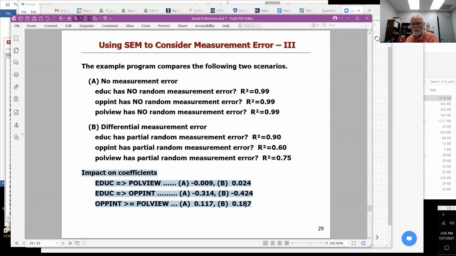That means that the direct effect has gone up in magnitude, and the indirect effect of education operating through opposition to integration has also gone up. Those calculations are not shown, but that would be a clear implication. All of the regression effects got larger in size, so the indirect effects, which are based on them, would also go up in size.